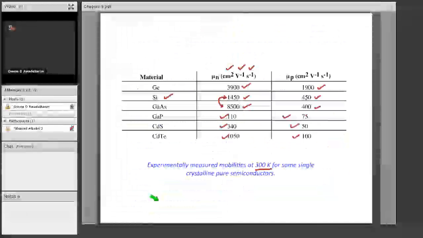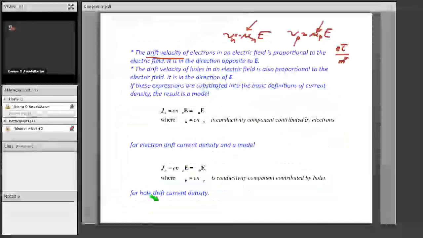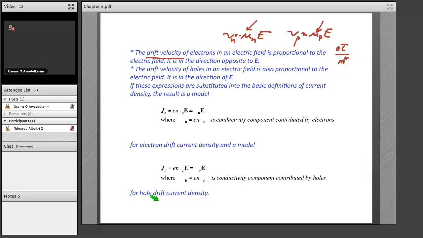Okay? So we can immediately come up with these expressions. If you look here, what you have is e n mu n E. I ignored the minus sign here because I'm only looking at the magnitude of the current, not the direction.